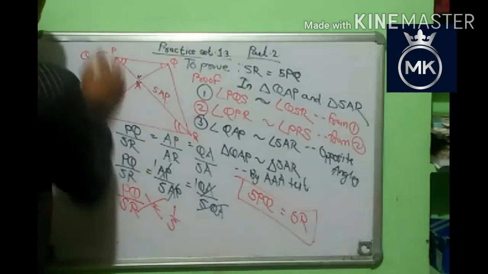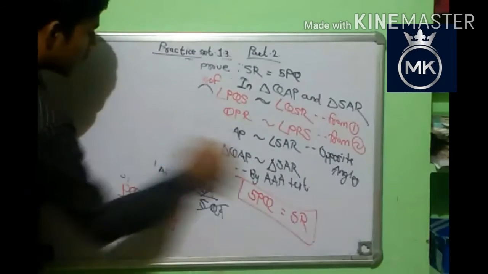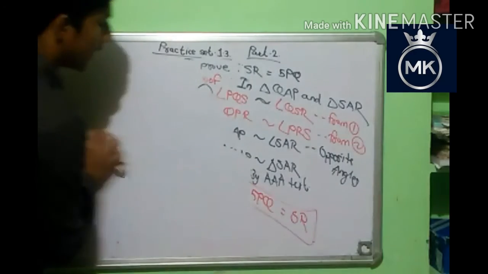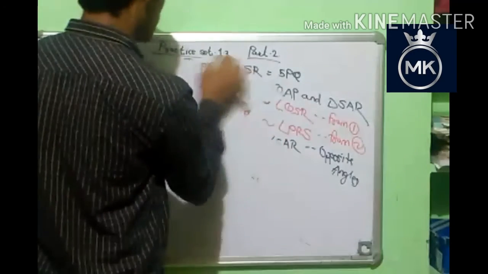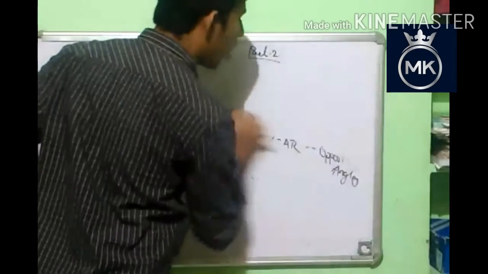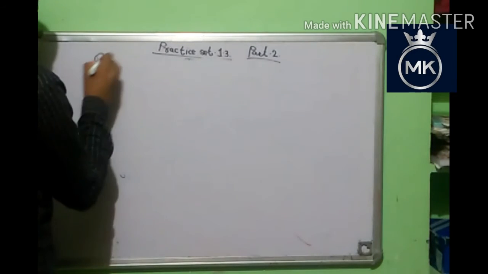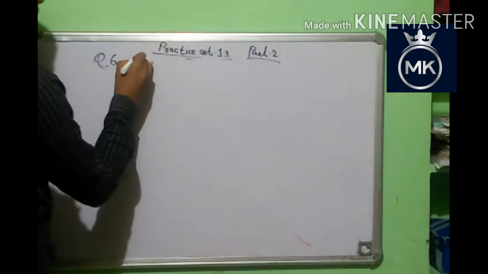Then our last question of practice set 1.3 part second, question number 6. In this question we are given the figure of a trapezium like this.